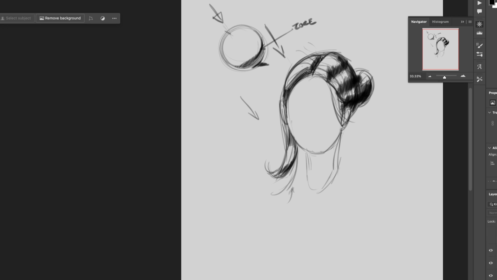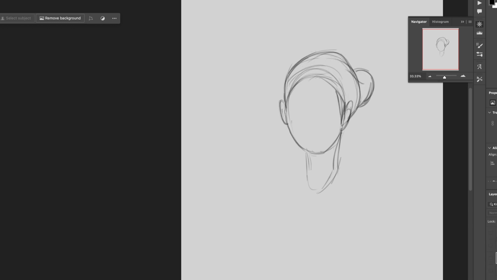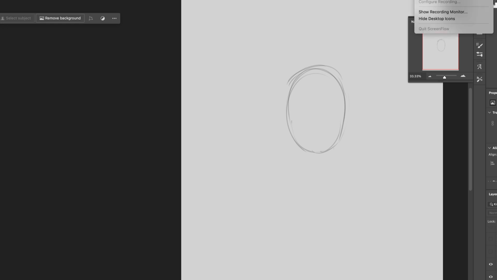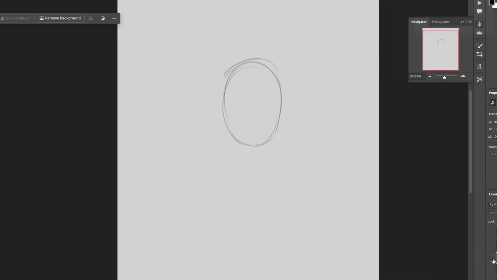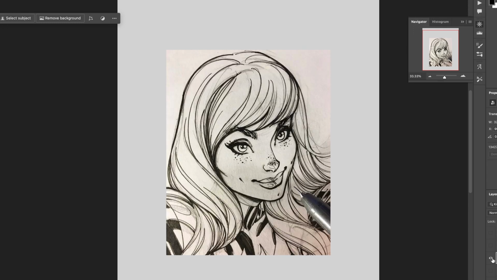All right, I'm going to pull out another artist that I respect very much, that I think does hair very well. Okay, so this is J. Scott Campbell, another Marvel Comics alumnus, and I like the way he draws hair as well.